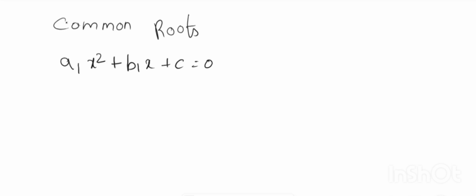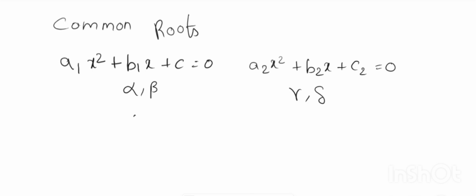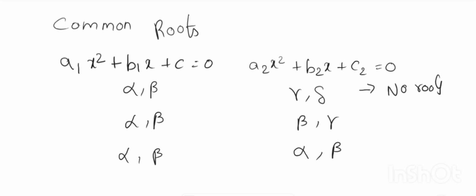Another important topic is common roots. If the equations are a1x square plus b1x plus c1 is equal to 0 and a2x square plus b2x plus c2 is equal to 0, and if the roots are alpha, beta, and the roots are gamma and delta, and so on, then if you observe the condition, in one case no roots are common.